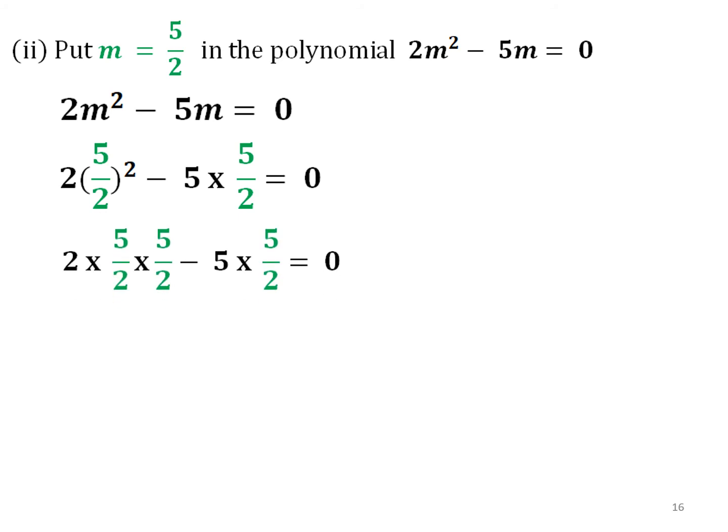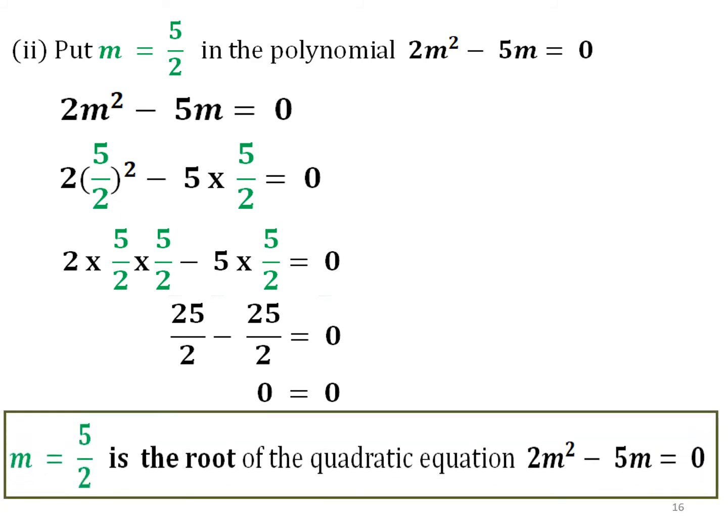So when I expand it, 2 in the numerator and denominator will get cancelled. 5 5s are 25. 25 upon 2 minus 25 upon 2. 25 upon 2 minus 25 upon 2 is 0. 0 is equal to 0. Therefore, I can say that m is equal to 5 upon 2 is the root of quadratic equation 2m square minus 5m is equal to 0.